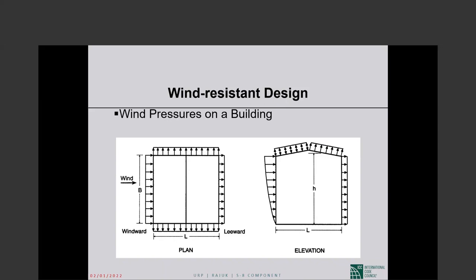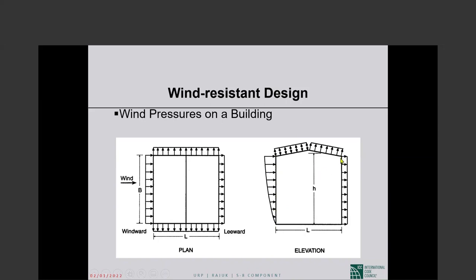So pressure due to wind also increases with height above ground level. That basic fact we recognize only on the windward face of our building.